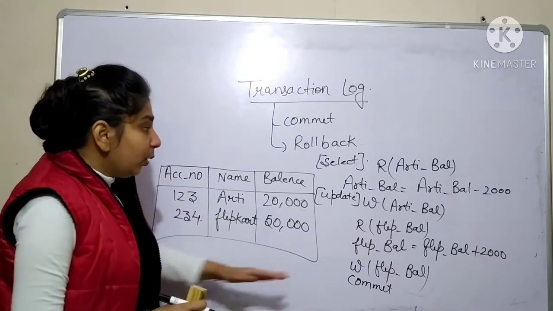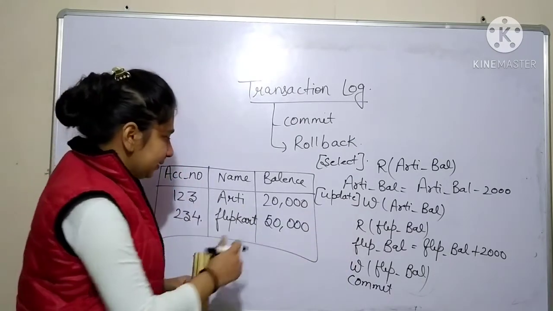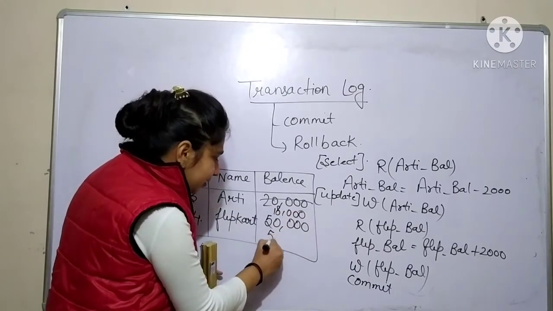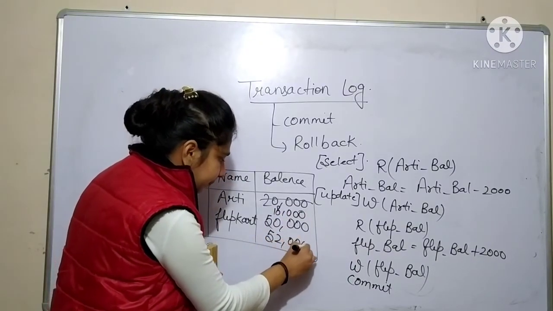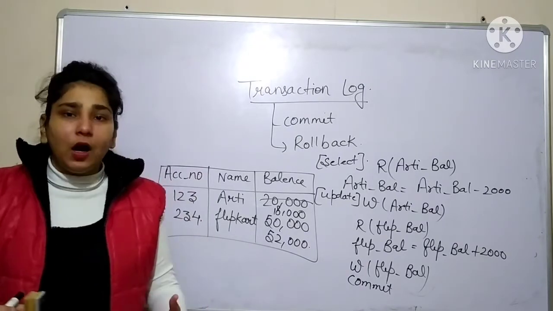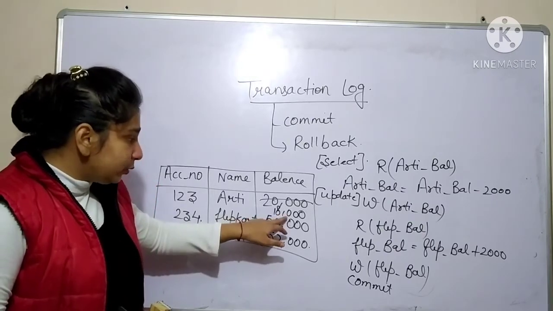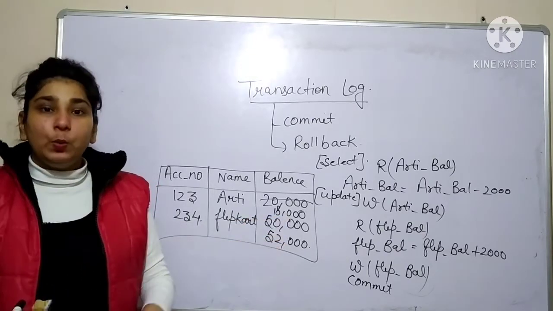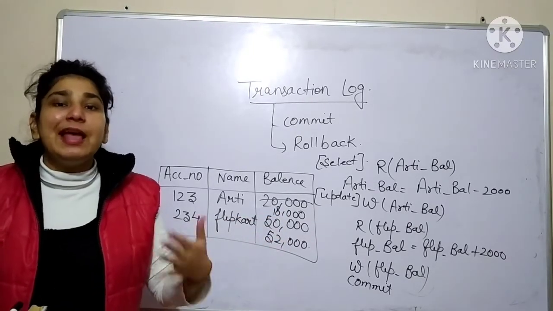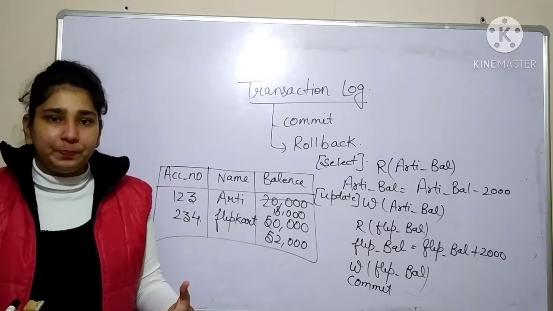It means that whatever changes you made in the database, like I changed this to 18,000 and this to 52,000, are kept. Till now we have not committed our transaction, so these values might change. We can undo this operation if there is any failure in the middle of the transaction.